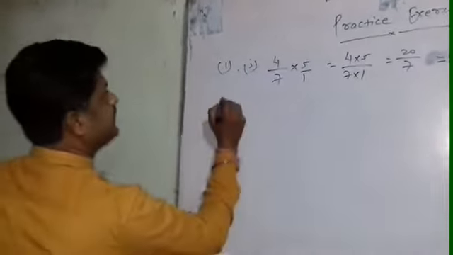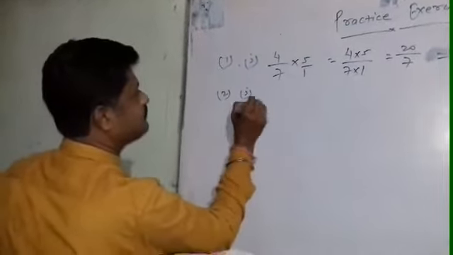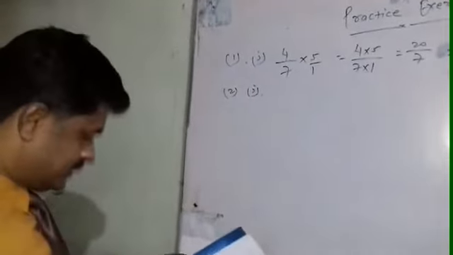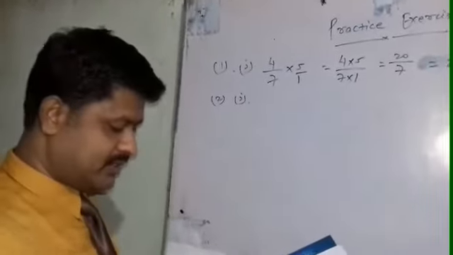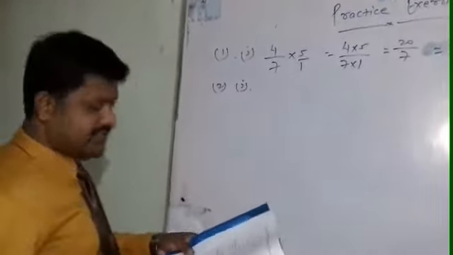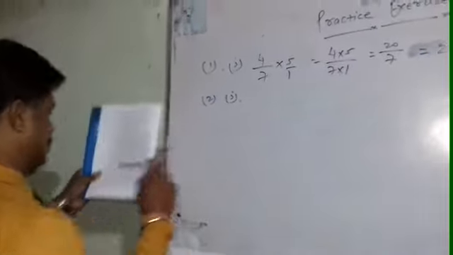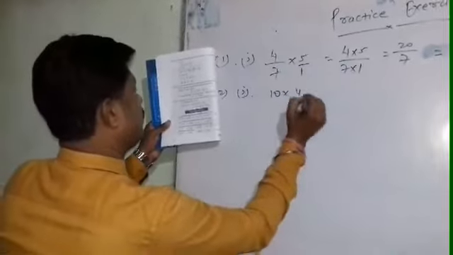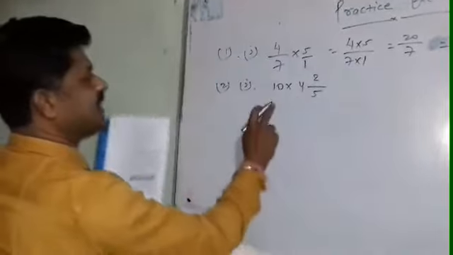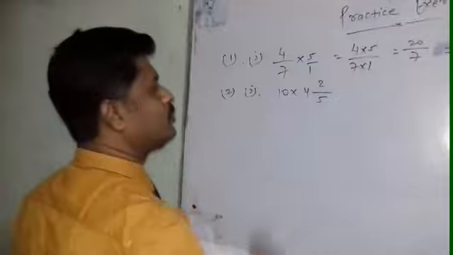The second question is: multiply the following and express the product as mixed numbers. It has to be written in mixed numbers. So 10 is to be multiplied with 4 whole 2 by 5.